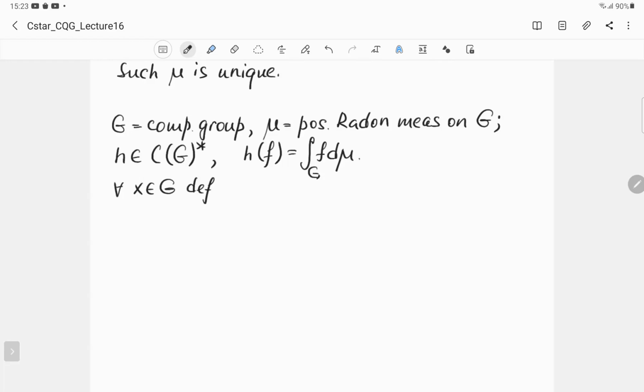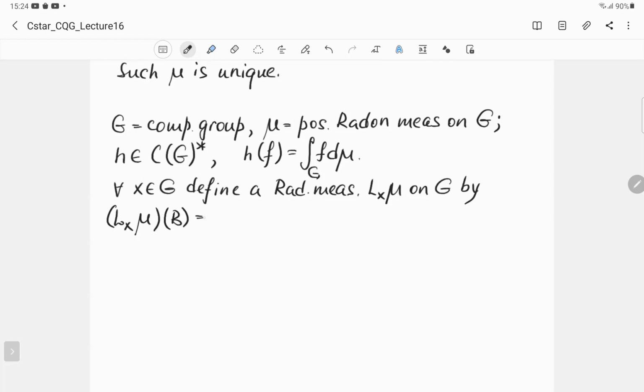So now we introduce a special notation for the shifted measure. For each x in G, we define a Radon measure L_x mu on G by the following formula: L_x mu of B is mu of x^{-1}B.